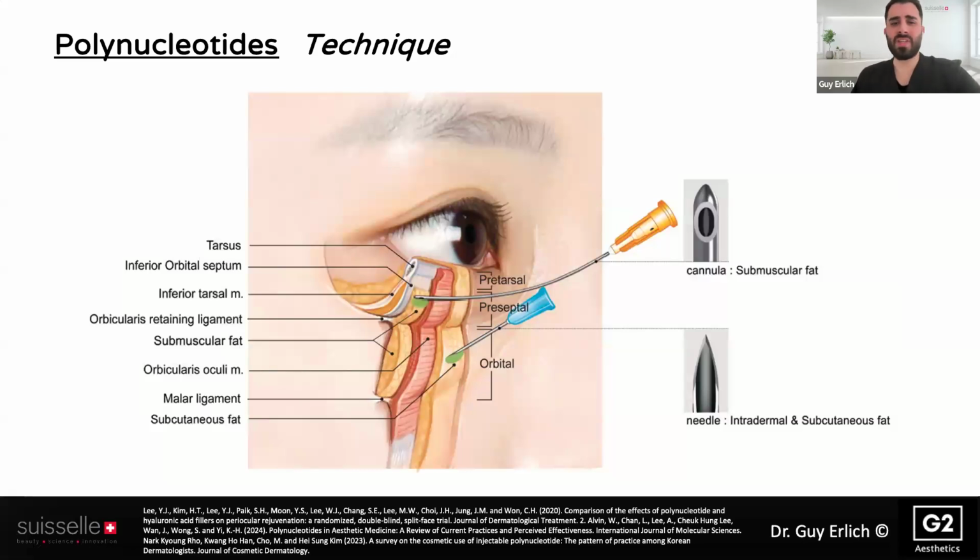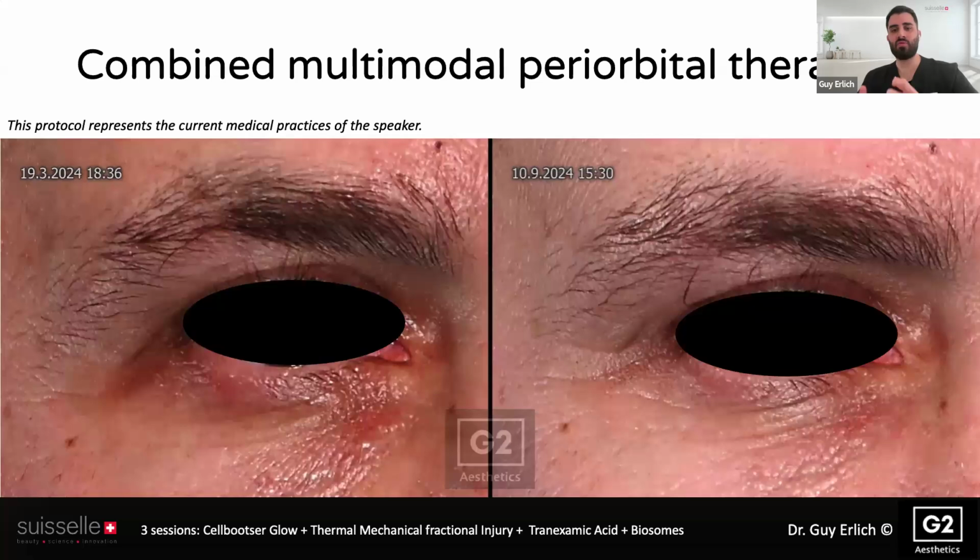Usually, I'm using a cannula for volume and scaffolding with polynucleotides, and a needle for skin texture, roughness, and pores, together, of course, with the other modalities that we mentioned. With comprehensive treatment, we can change not only the color, but the texture, the pores, the wrinkles. We create a much more beautiful, homogeneous, and young periorbital area.